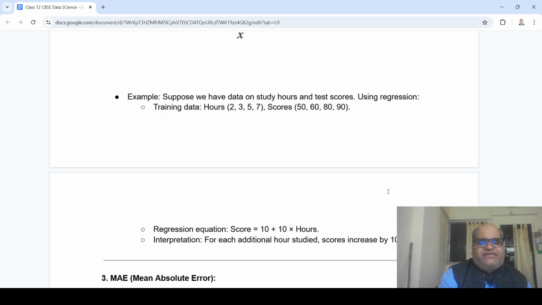So 1 hour: 10 plus 10 into 1, that is 20. 2 hours: 10 plus 10 into 2, that is 30, right? That way. So the way you interpret your m here is that every incremental hour is multiplied by that magnitude.